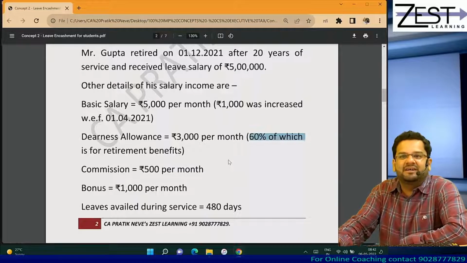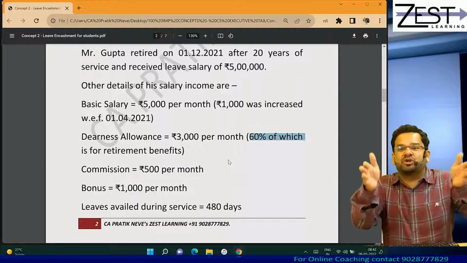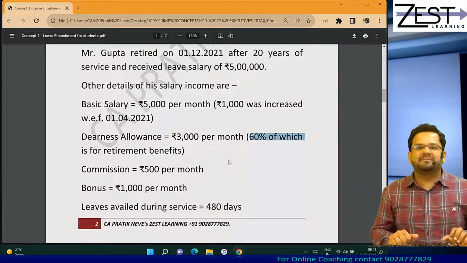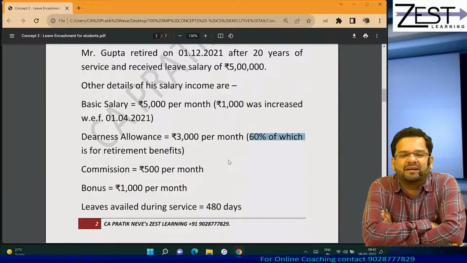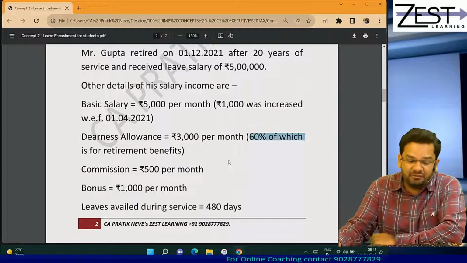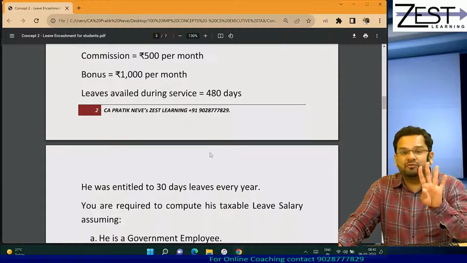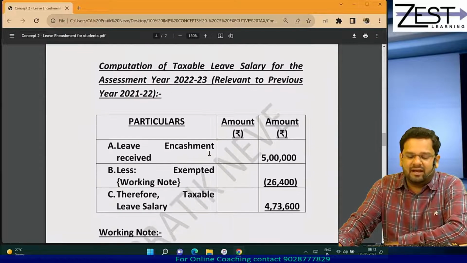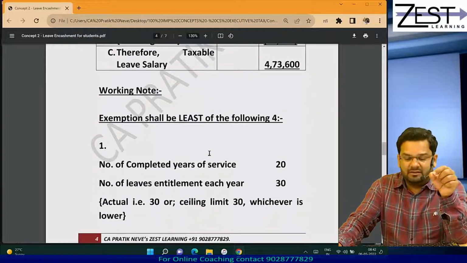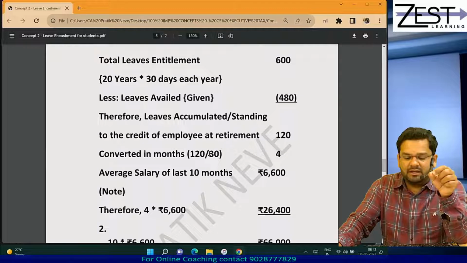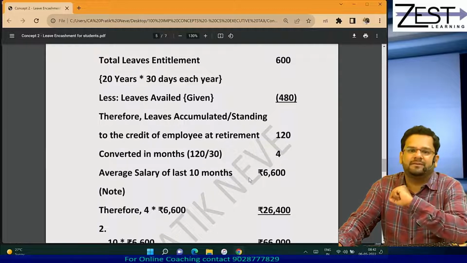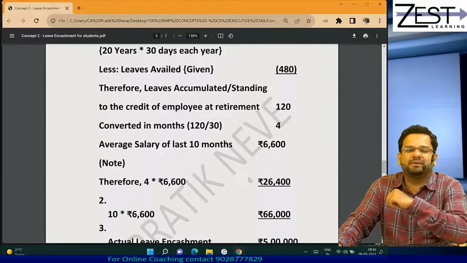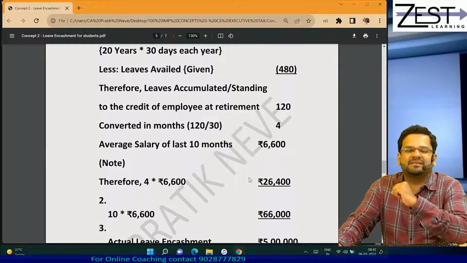Absolutely correct. 66,000 is the total of the last 10 months. Divide by 10, and you will get the average as 6,600. In the first step you had got 4 months. Now multiply by 6,600 and you get the figure as, very good, 26,400.